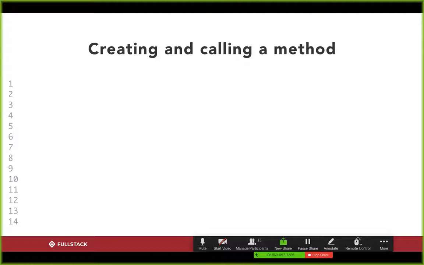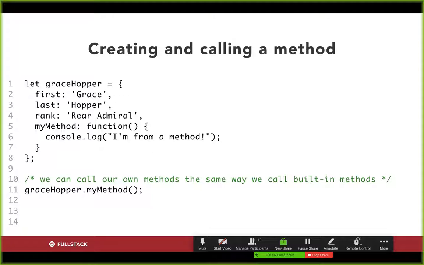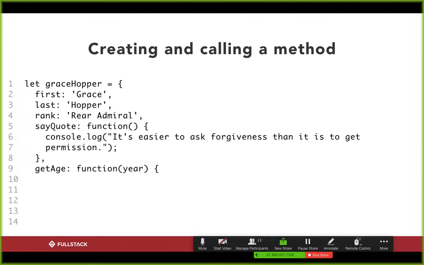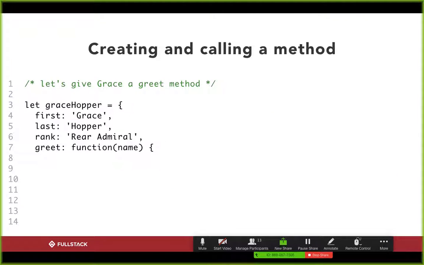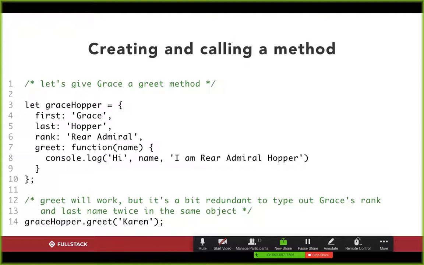So I'm gonna zoom back really quickly and go back here to let you know why it's super easy for us to use this. If I go back to this example from before, where I manually typed out, hi, my name is Rear Admiral Hopper, the reason why we like to use this.first or this.last instead of typing out the name is because, well, what if my name changes, right?